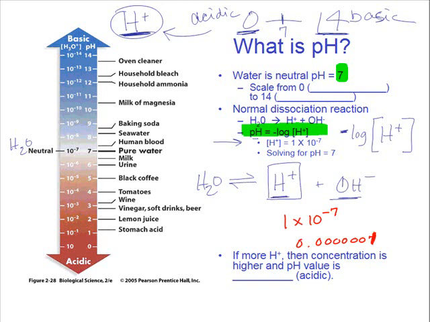So a really, really tiny amount of those water molecules have actually dissociated into hydrogen ions and hydroxy ions. If we take the negative log of 0.0000001, the negative log of that value is the number 7. And that's where we get the neutral pH value.